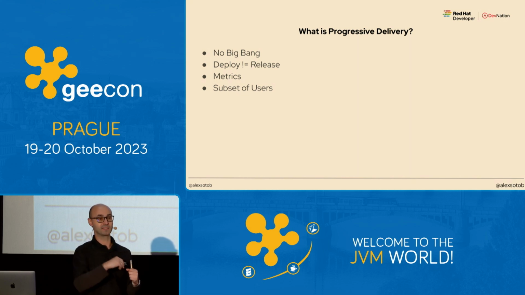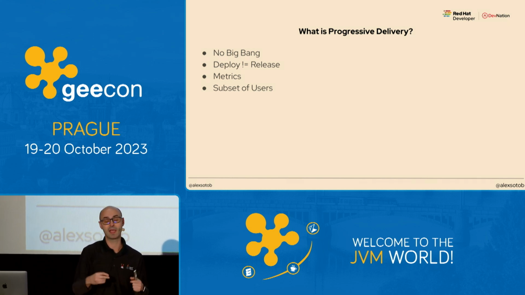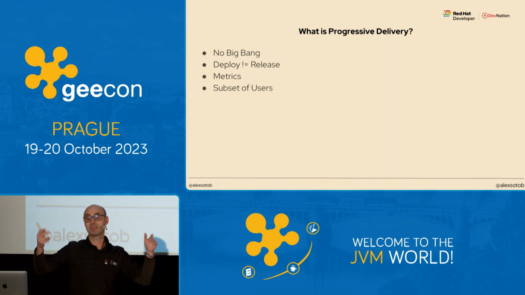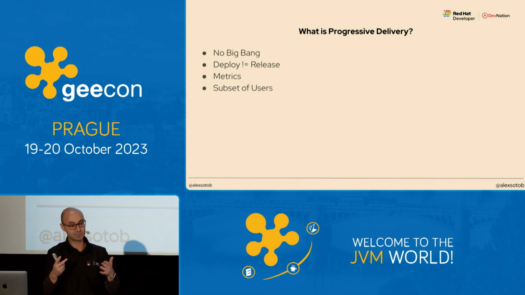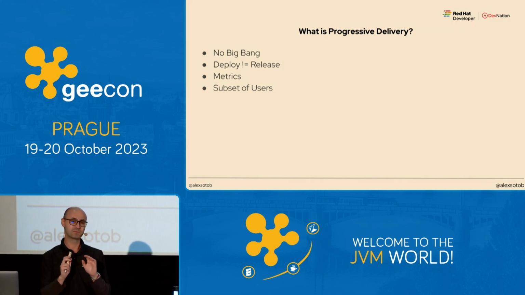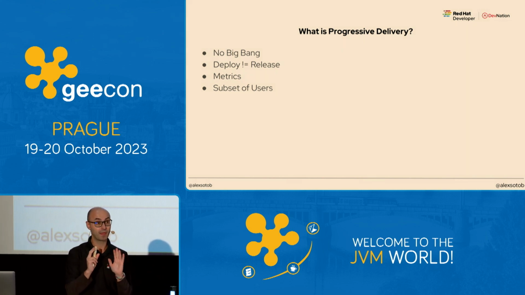One of the great things about progressive delivery is that it tries to promote no big bang releases. So it's not anymore just deploy the new version, done, and let's see what happens. Progressive delivery tries not to promote this. And it can do that because we are making a difference between deploy and release.